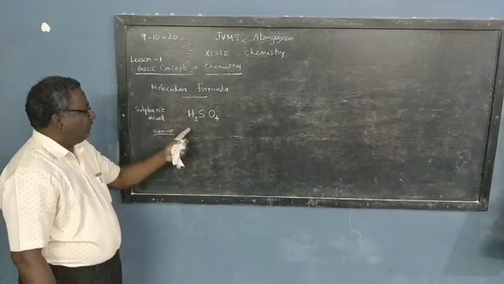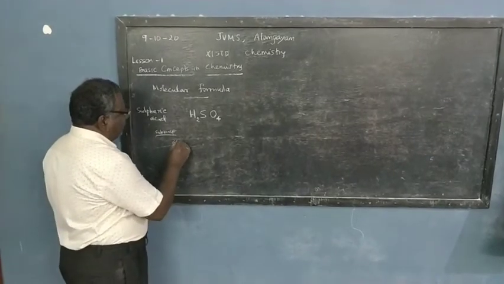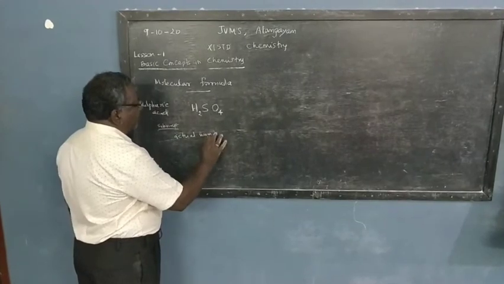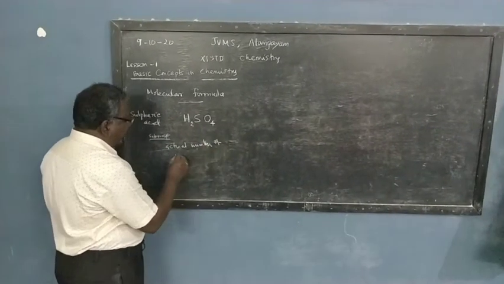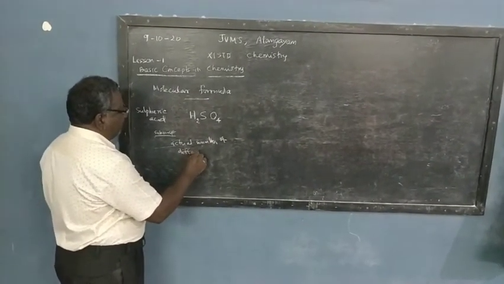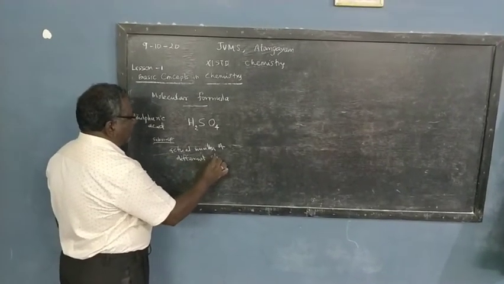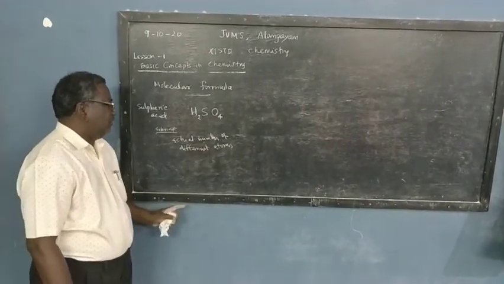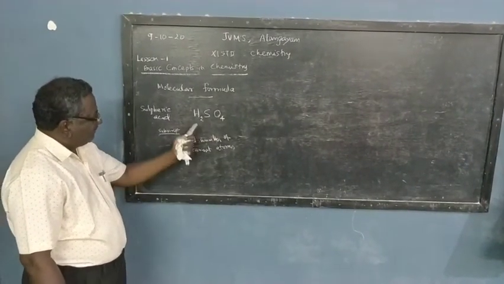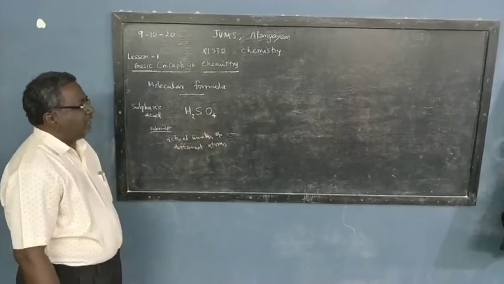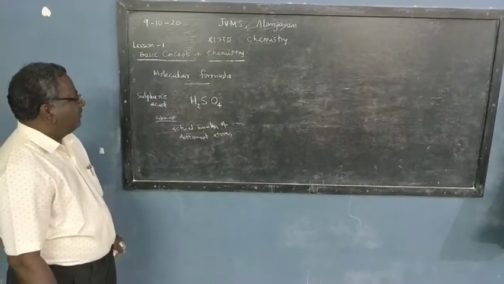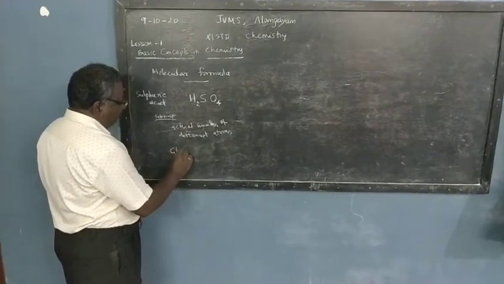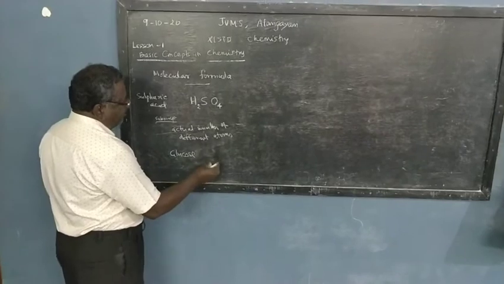Molecular formula is one which gives the actual number of different atoms present in a molecule, which are given as the subscript for each element, right? So this is the molecular formula. If it is glucose, what is the molecular formula?